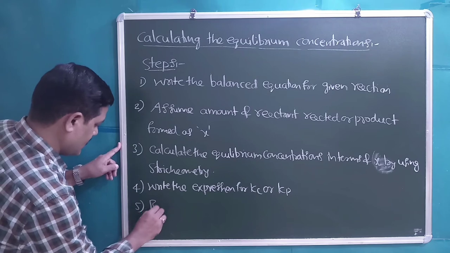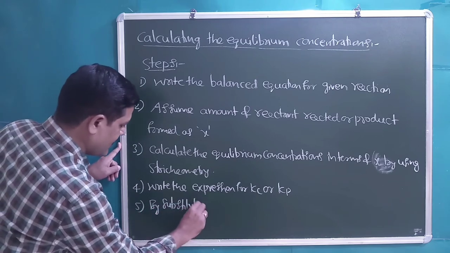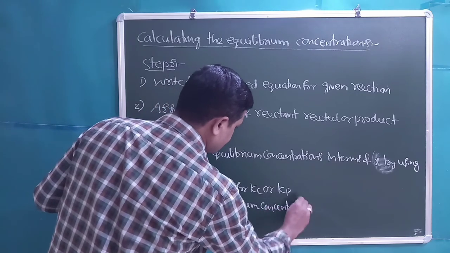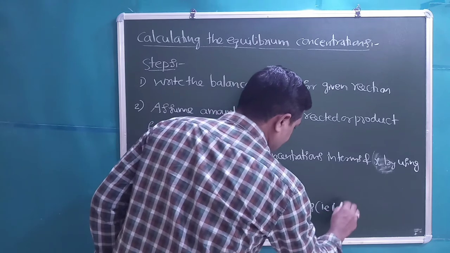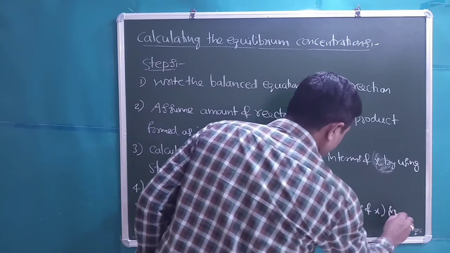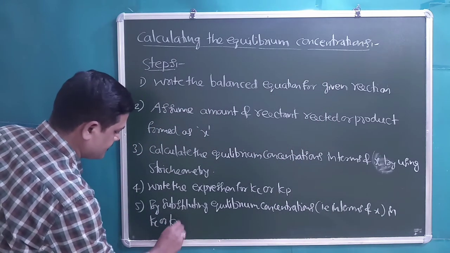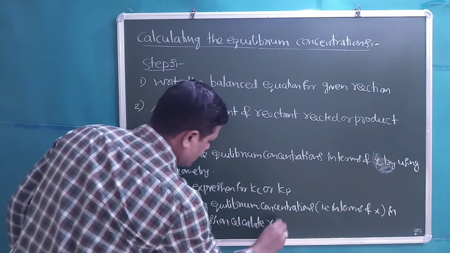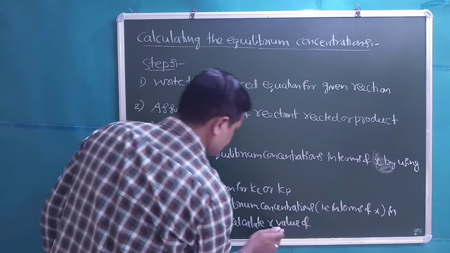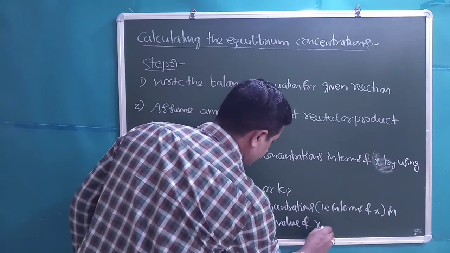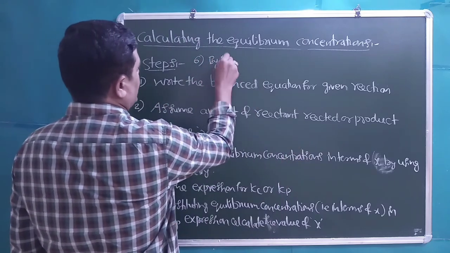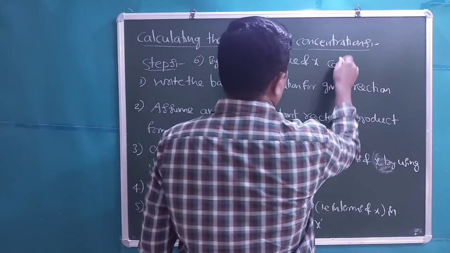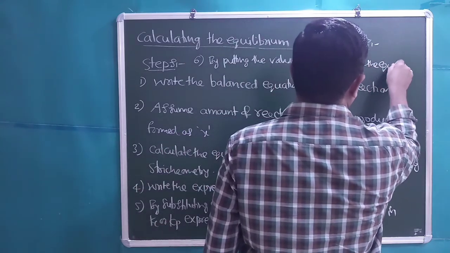Next step is by substituting the equilibrium concentrations, that is in terms of X, in the Kc or Kp expression, calculate the value of X. Final step is by putting the value of X, calculate the equilibrium concentrations.